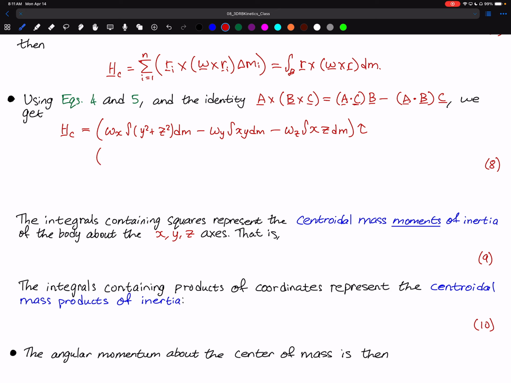In our j direction, we're going to get minus omega x times the integral of xy dm, plus omega y times the integral of the quantity x squared plus z squared dm, minus omega z times the integral yz dm. That's in our j hat direction.